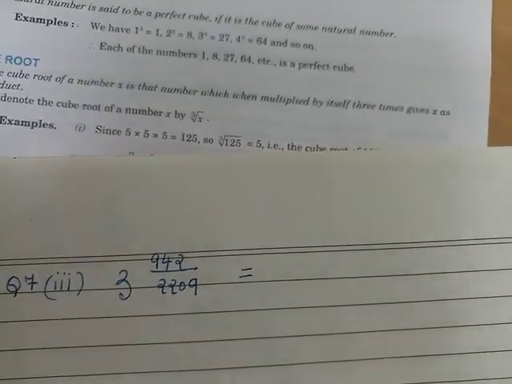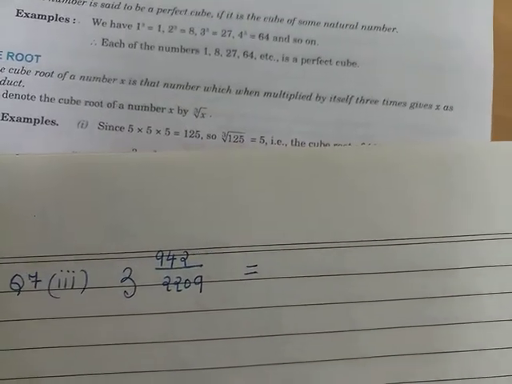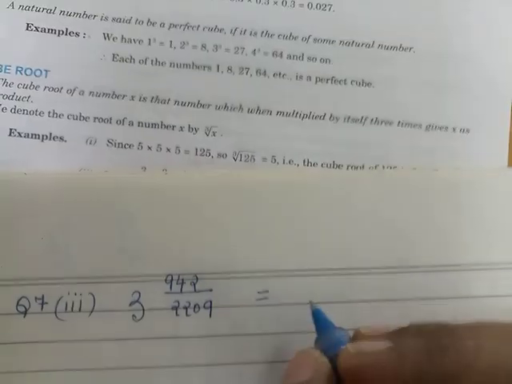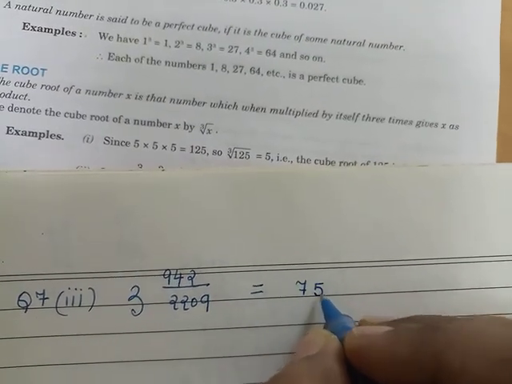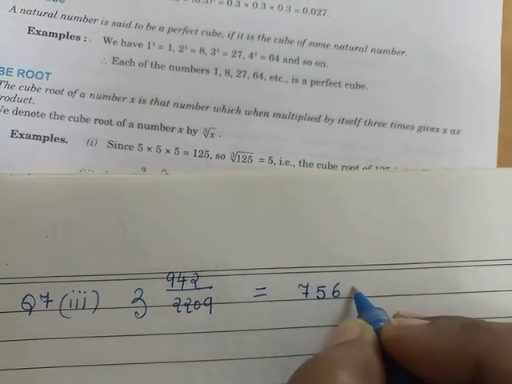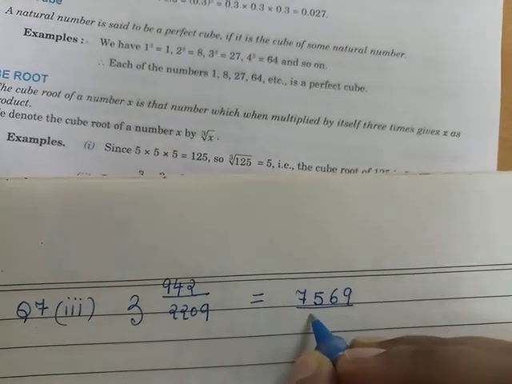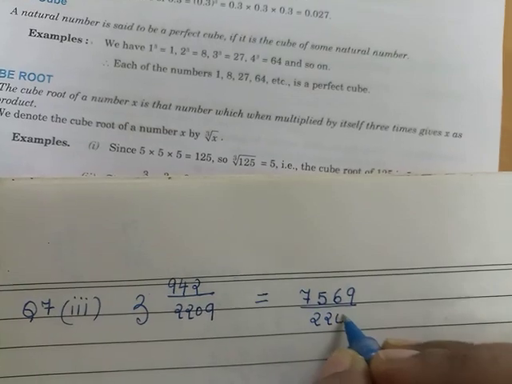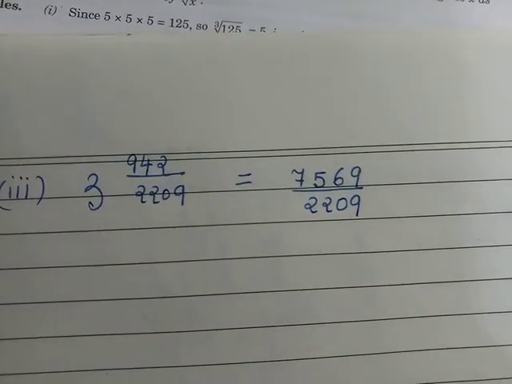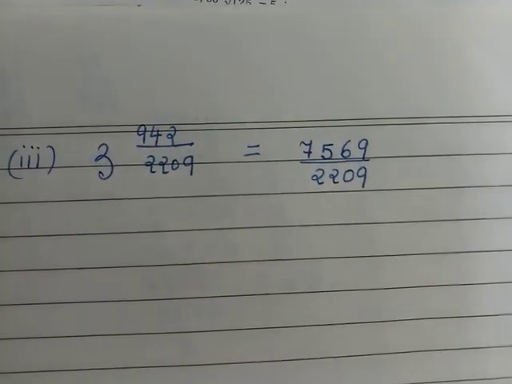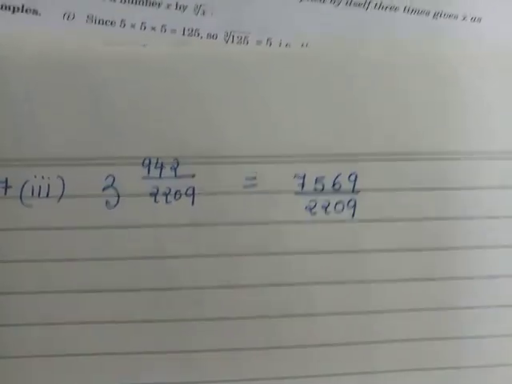First we'll convert the mixed fraction into an improper fraction. So you multiply, you will get 7569 upon 2209. So I have converted the mixed fraction into an improper fraction. Now we are looking for the square root of this.